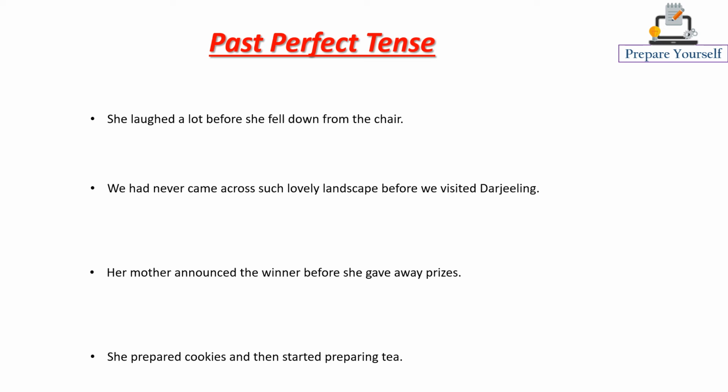Her mother announced the winner before she gave away prizes. She finished cooking and then started preparing tea. All these examples show something has happened before or something has been finished.